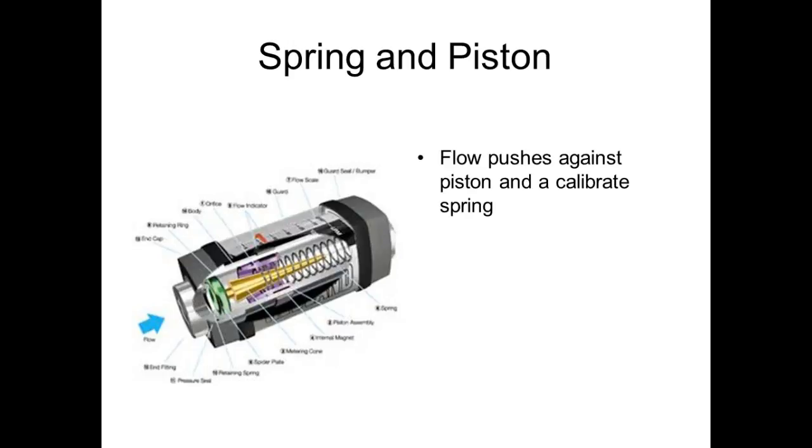We see that all the time in electricity. Anytime we send current through resistance, we lose what? We lose voltage, right? We have what we call a voltage drop. Here we would lose pressure inside our system, but it's not going to be much. But it's something we have to sacrifice to sense flow.